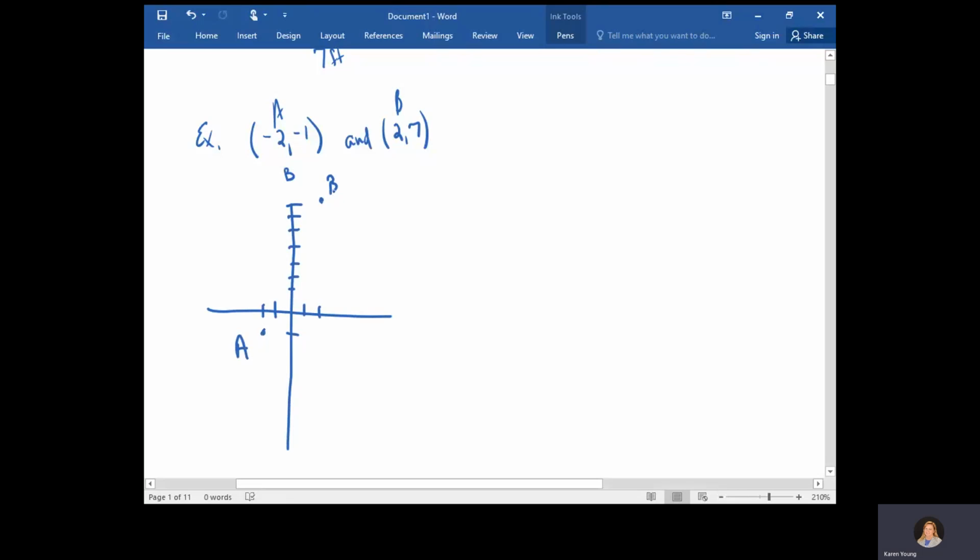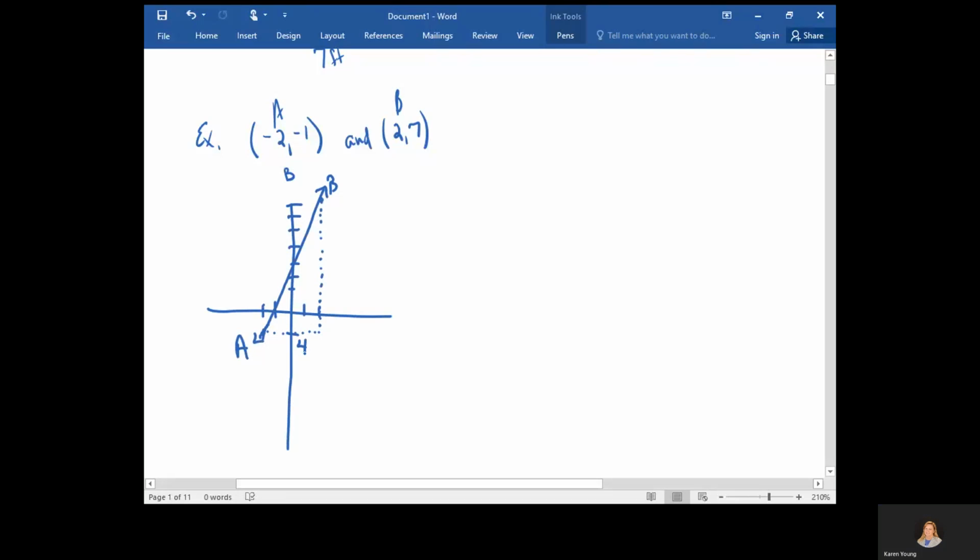If I connect these 2 dots, I can pencil in a right triangle that connects them. I can count. I'm going from -2 to +2, so 1, 2, 3, 4 spaces.